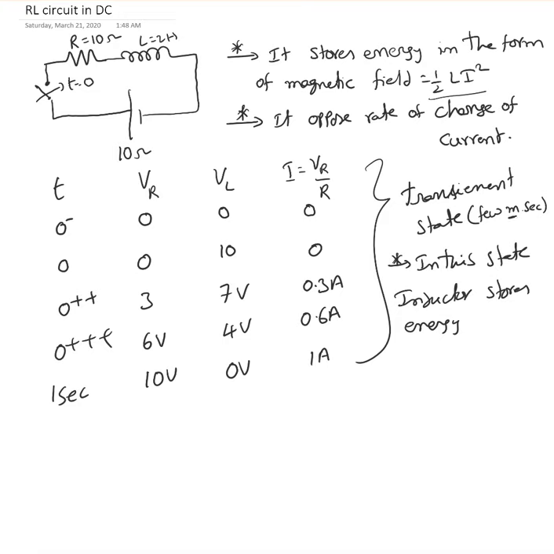Milli is 10 to the power of minus 3, or microseconds depending upon the RL value, but the transient state is only less than a second. That's what I want you to know.